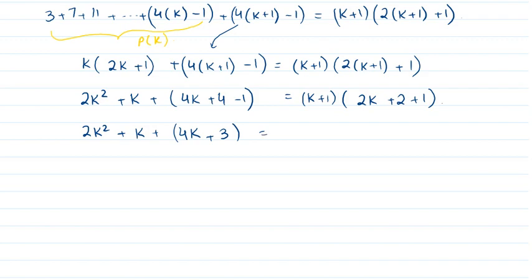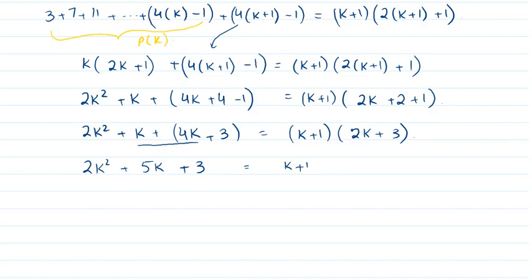And on the right hand side, k plus 1 times 2k plus 3. ठीक. अच्छा जी, इसको अगर हम थोड़ा सा और simplify करें, in fact combining these two terms, so this turns out to be 2k square plus 5k plus 3. So k plus 1 times 2k plus 3.